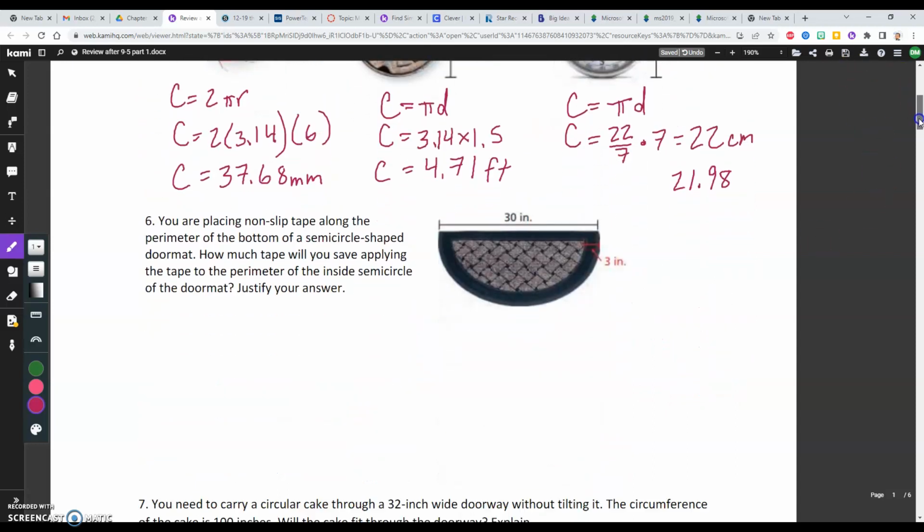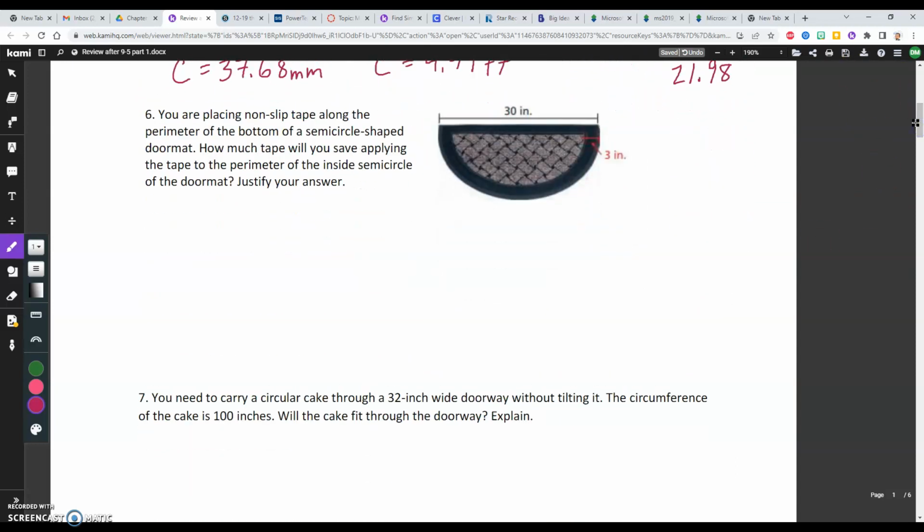This next problem has multiple steps to it. The outside edge, so the perimeter, is found by half of a circle, so that's half pi times diameter, but then we're also going to add in the diameter all the way across, because the half circumference is this part here, but then we have to add in that distance across there.